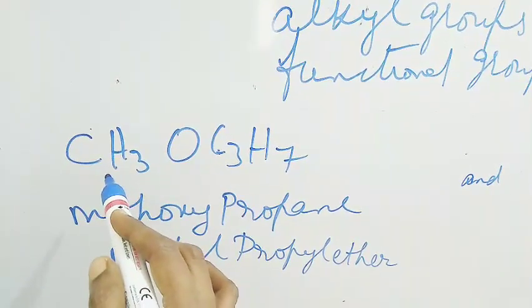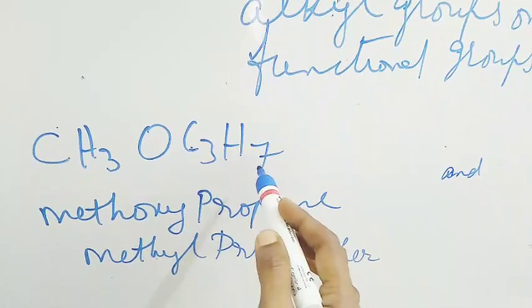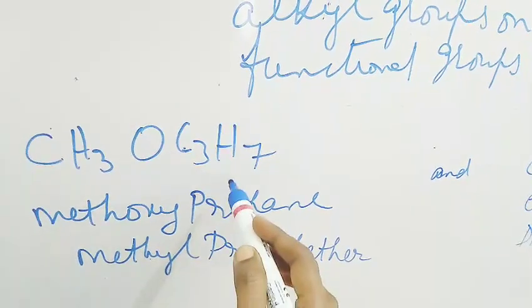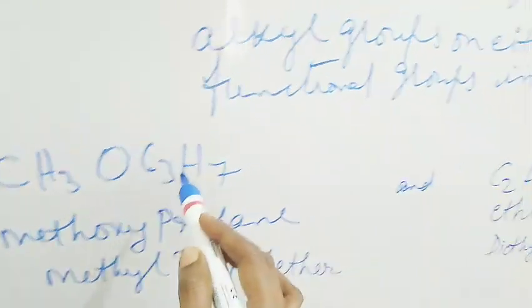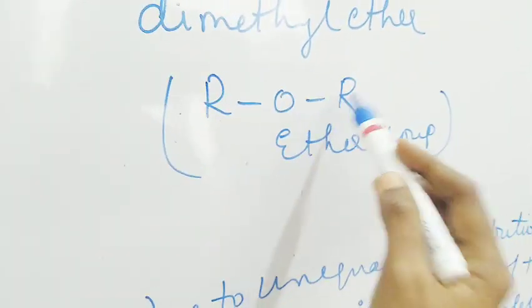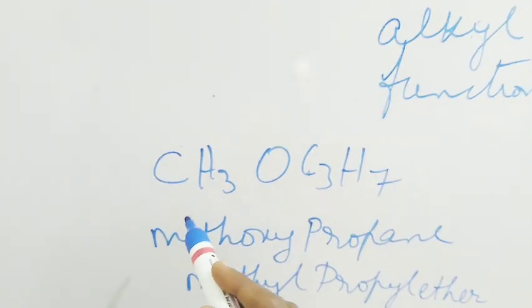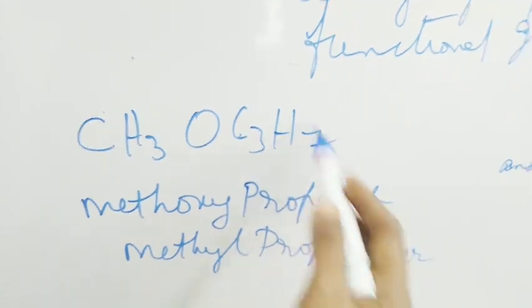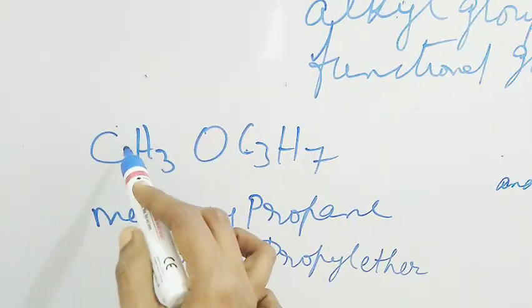So you call it methoxypropane, or you call it methyl propyl ether. Ether means ROR. Here CH3 and here C3H7. This is methyl propyl ether, or methoxypropane.